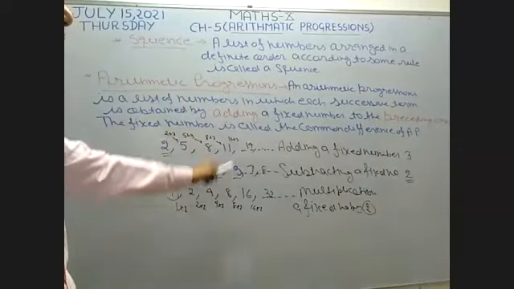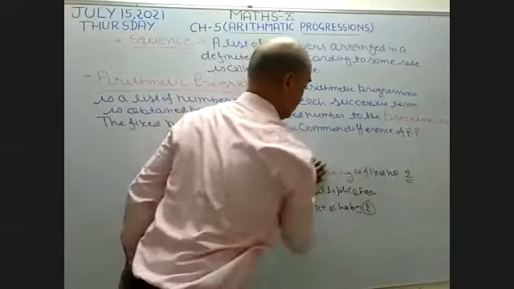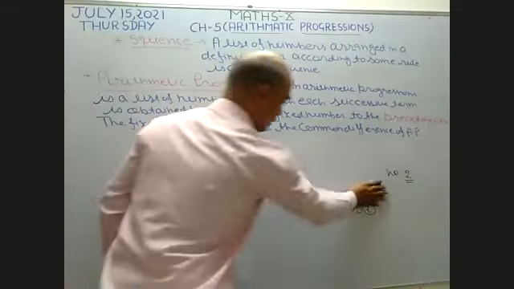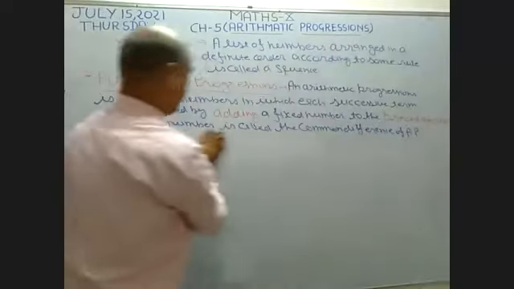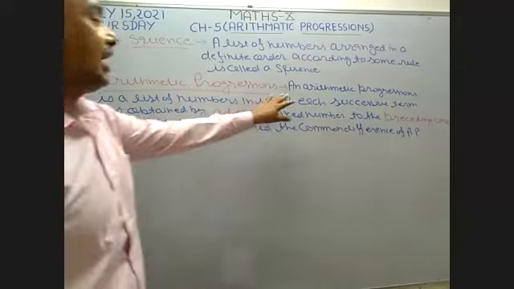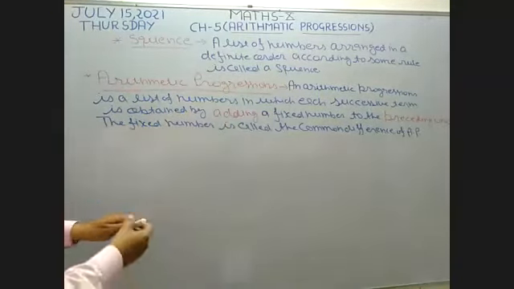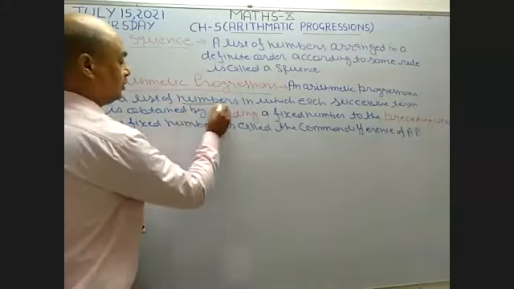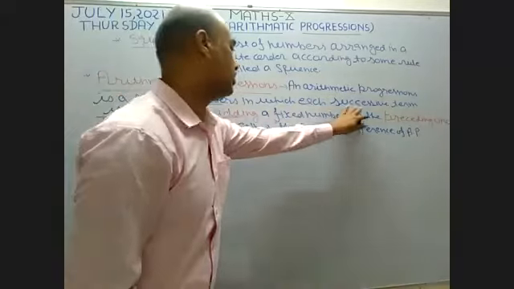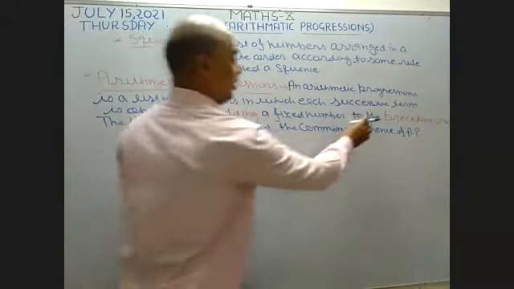These are the examples of sequence. Now I want to write here some examples of arithmetic progression. See, what is the definition of arithmetic progression first? An arithmetic progression is a list of numbers in which each successive term is obtained by adding a fixed number to the preceding number.